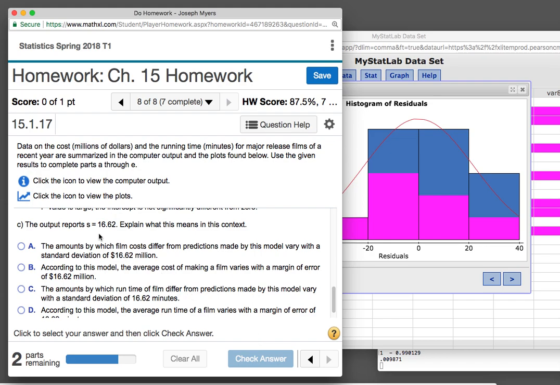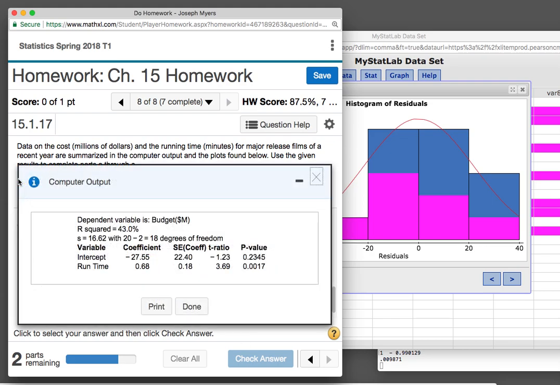The output reports that this S equals 16.68. So this is talking about the standard error of the residuals. So the discrepancies between the actual budget of movies versus the predicted budget is about $16 million.